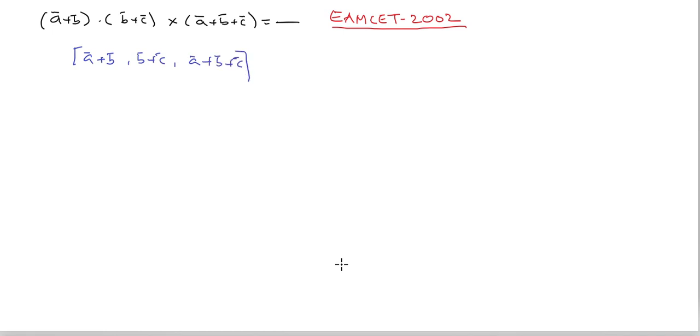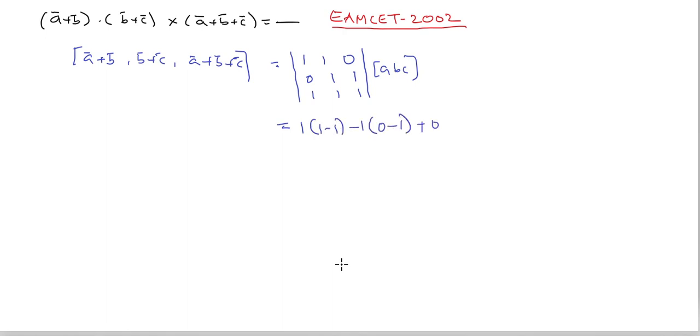Find the box of this: 1 1 0, 0 1 1, 1 1 1 into box ABC, that is equal to 1 into (1 minus 1) minus 1 into (0 minus 1) plus 0 into (0 minus 1) into box of ABC, that is equal to box ABC.